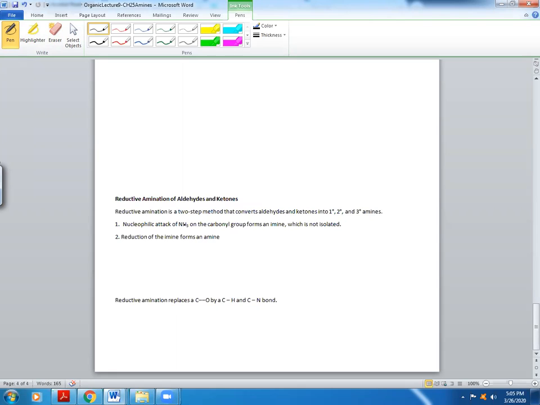They can be made by a nucleophilic attack, something like if I have NH2 minus, I can attack.